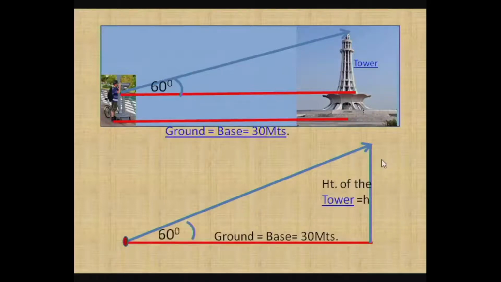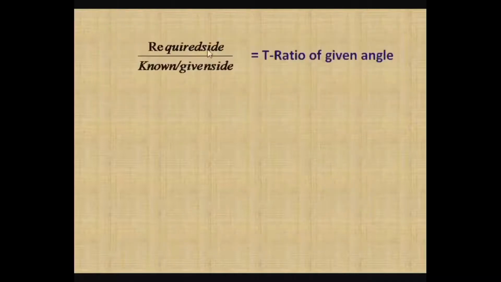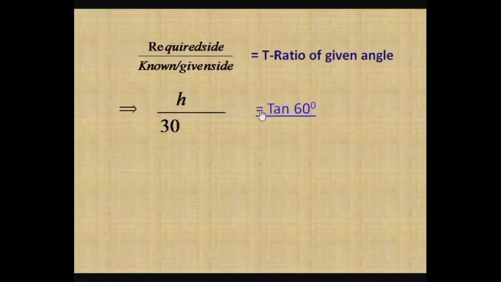See, this is 60 degrees, required side is height of the tower, you know pretty well. I am substituting h as the required side, and given side is 30 meters from the foot of the tower to the observer, and opposite by adjacent. What trigonometric ratio suits to substitute here? It is tan 60 degrees.